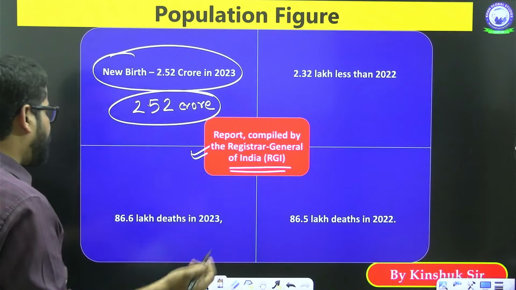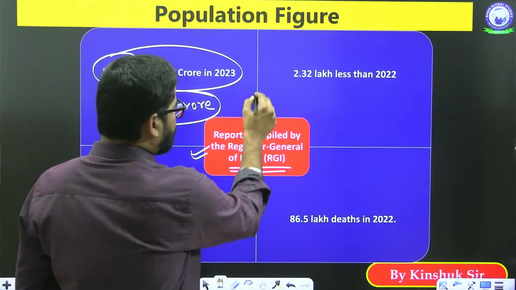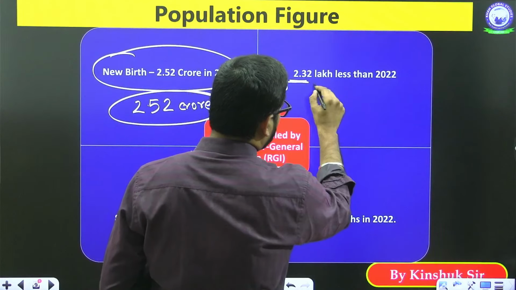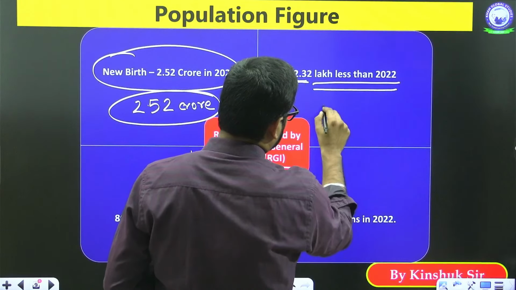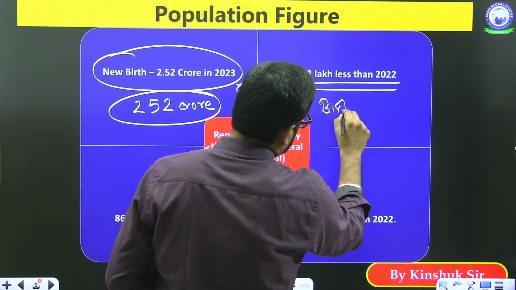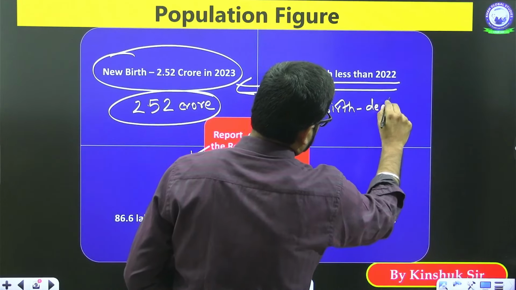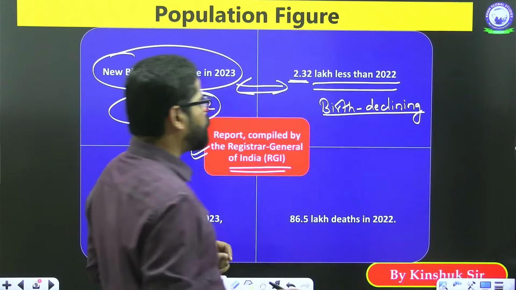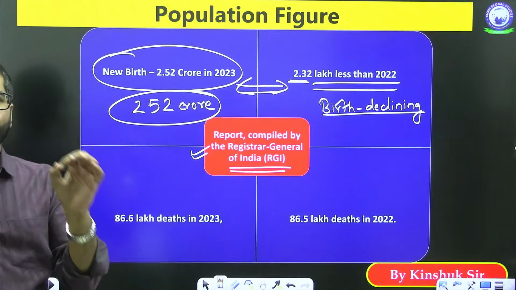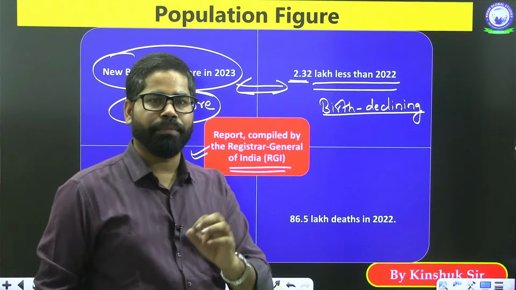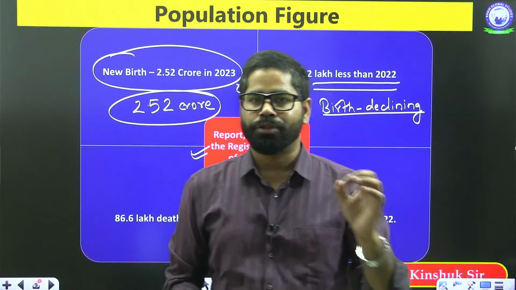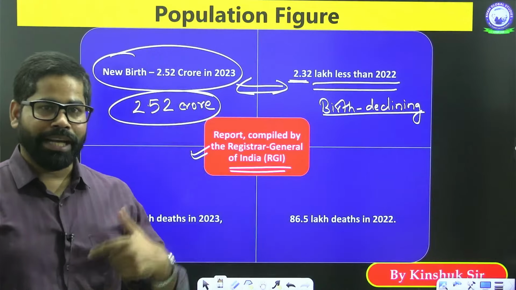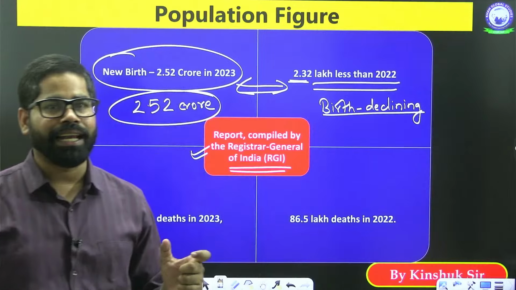But when you compare it with 2022, there were 2.32 lakh fewer children born in 2023. So the number of newborns is declining.